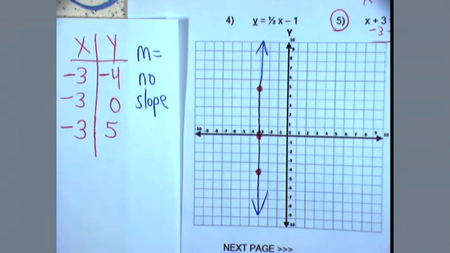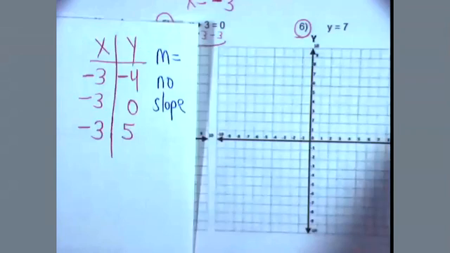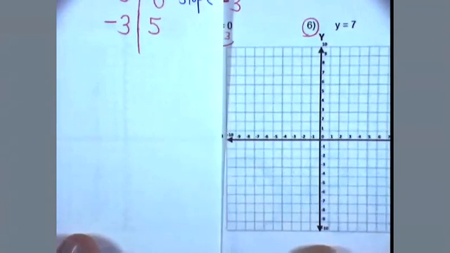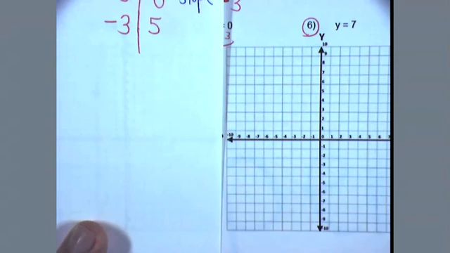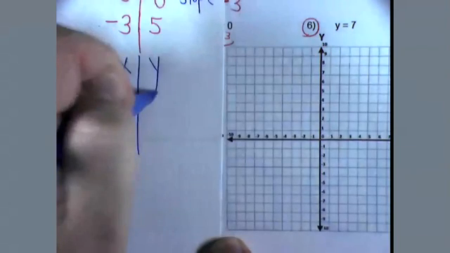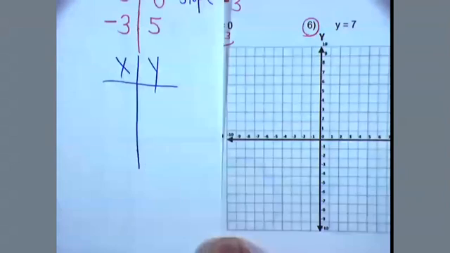Let's look at the other exception, the other type of equation. We have the line y equal to 7 that we need to graph and find the slope for. The first step is to draw your xy table.